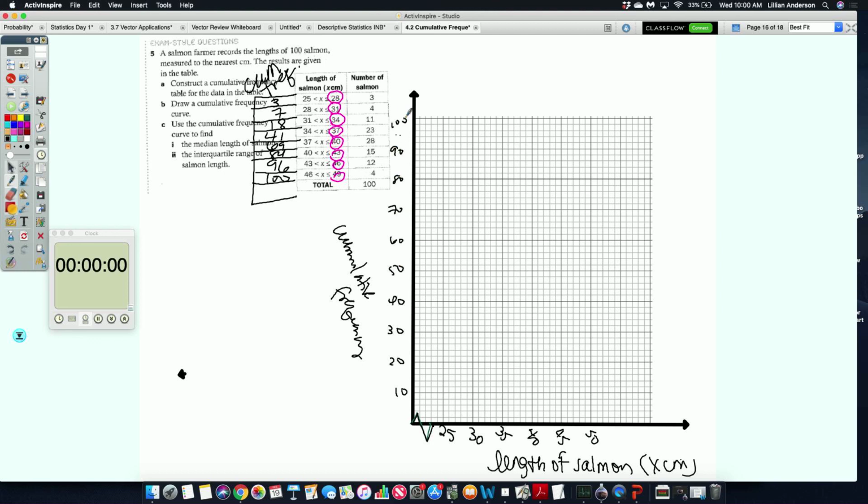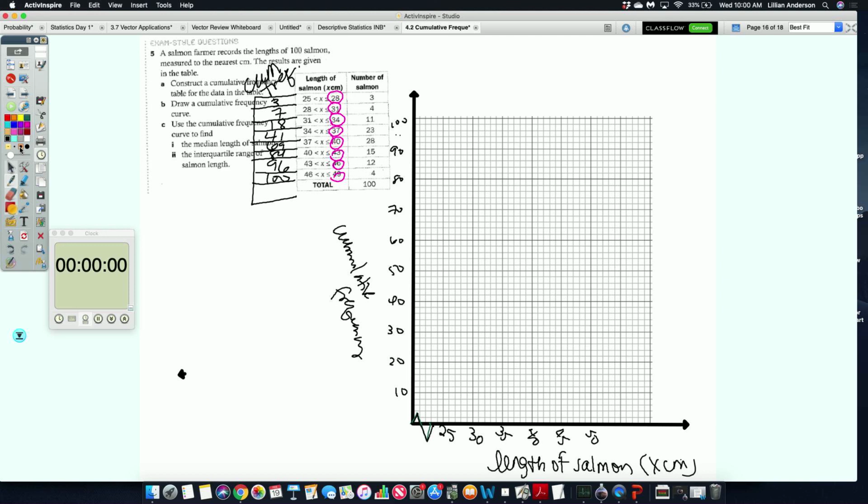So I'm using a bulk of my graph. What is going to be my lower limit for my first class? Where am I going to start this graph at?